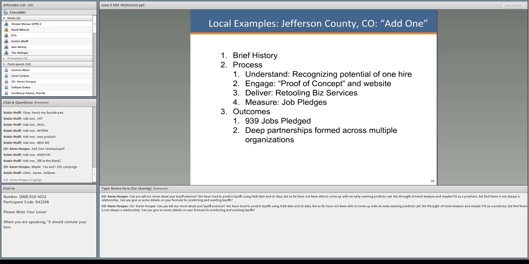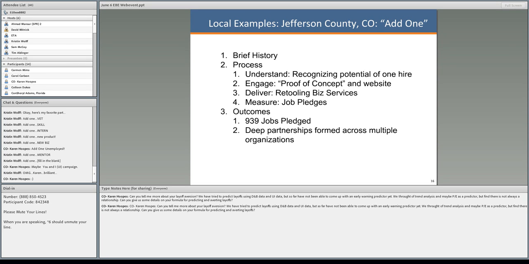As I mentioned, these have been popping up in a number of places, so I recommend everyone also go ahead and check out Frederick Works. Frederick Works is in Maryland, and they have been doing something called One Job at a Time. So again, some very similar ideas as the other two we've just looked at.